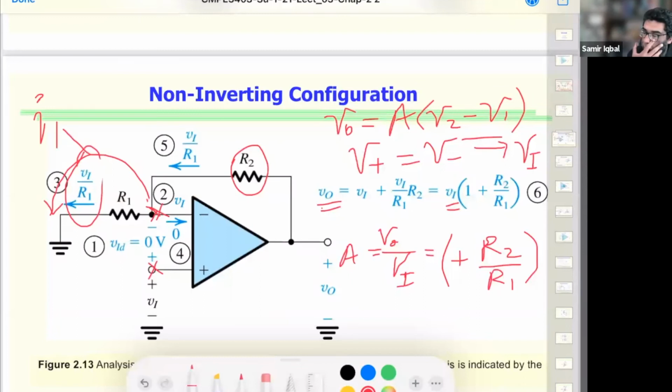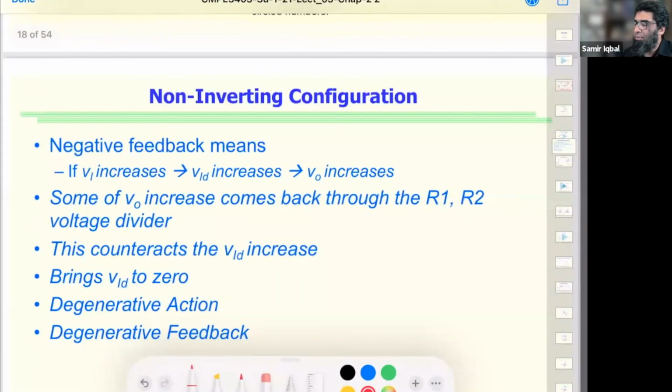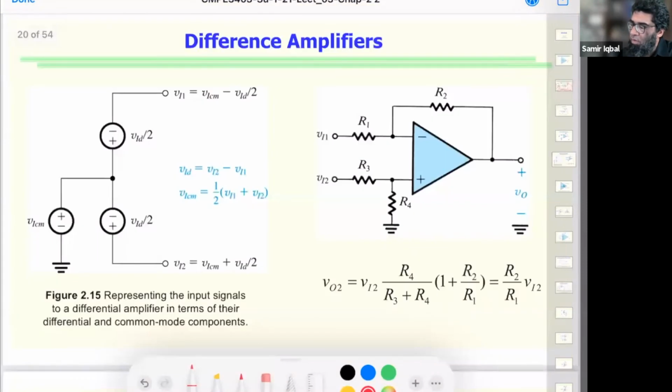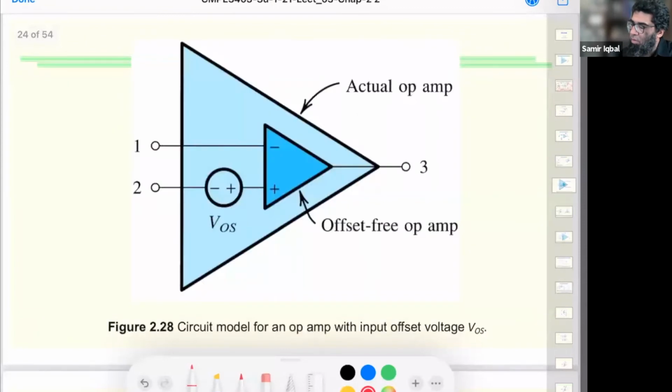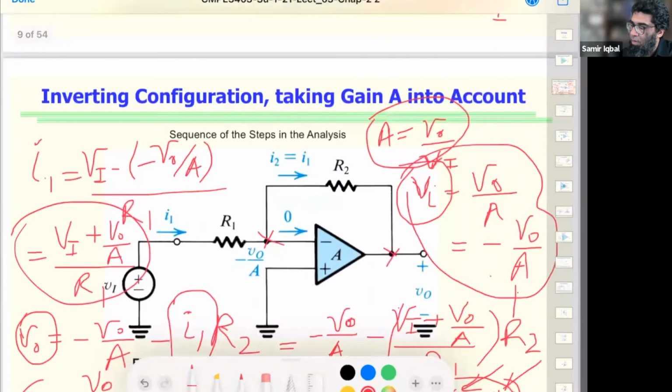Now, if Vi increases here, that's one thing. So the gain for non-inverting is what we've got. Sorry, this jumped ahead of me.